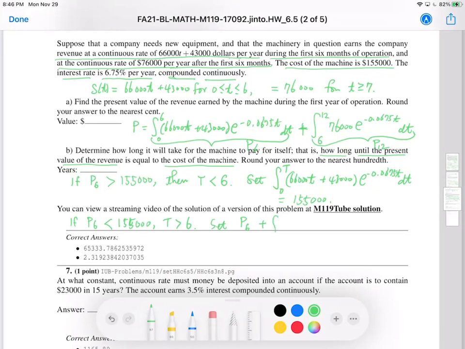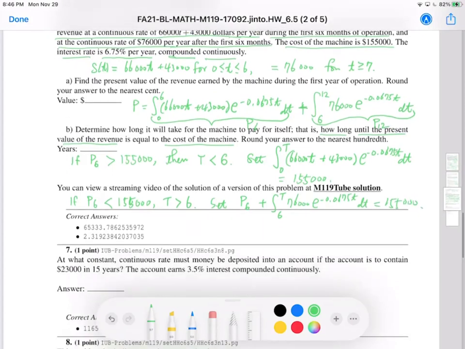Okay, from 0 to 6, then from 6 to T, 76,000 e to the negative 0.0675 t dt equal the cost. Then solve for T. Okay.